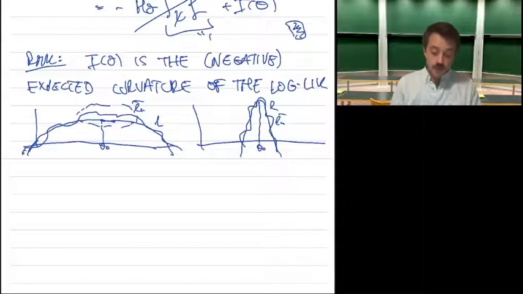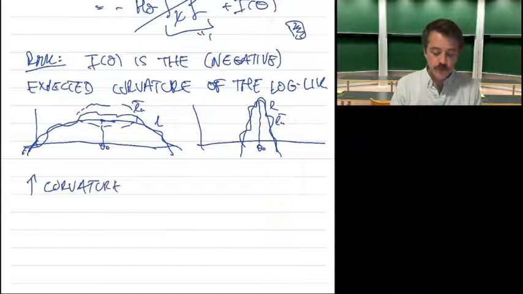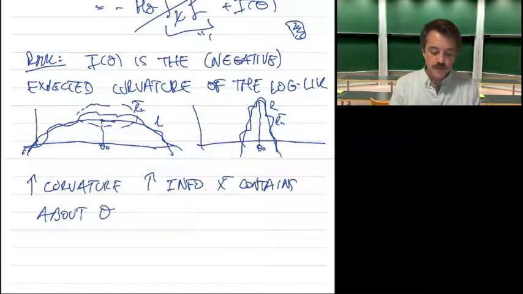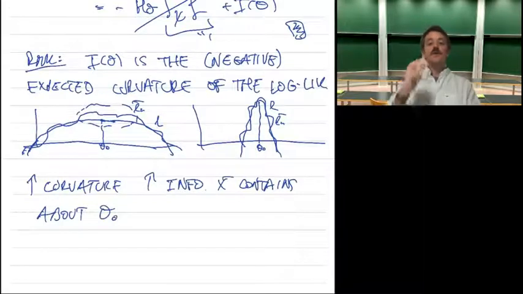Yeah. So then what we've just sort of intuitively gathered is that the more curvature, the more information that X contains about theta naught in this case. Yeah. Okay.